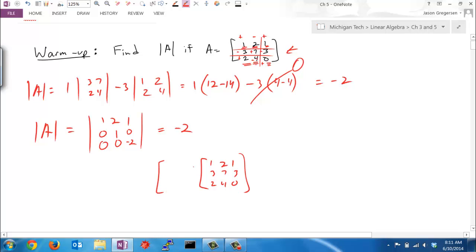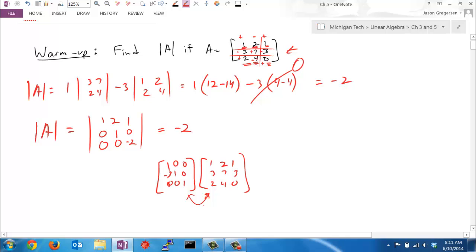My first row operation was to take row 2 and subtract 3 of row 1. I can get that same effect by multiplying that matrix by this thing. That's the elementary matrix, where if I take the product of these two, the result will essentially be A with that one row operation done.